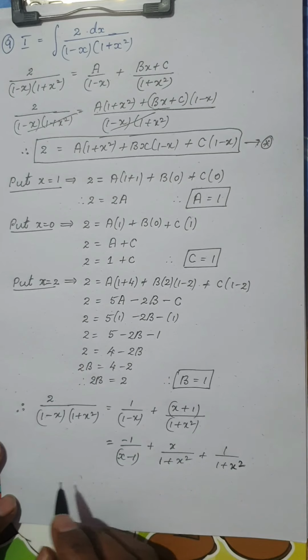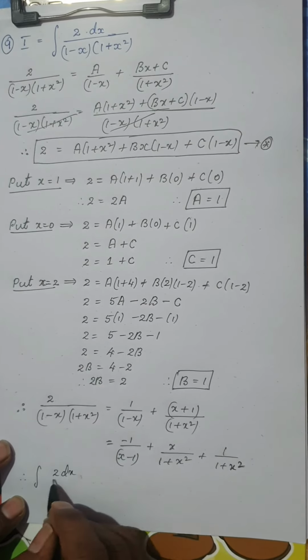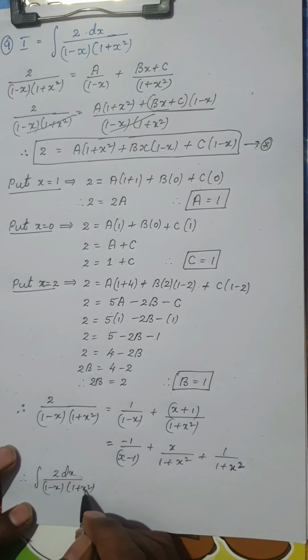Therefore now I'm going to apply the integral of 2 dx divided by (1 minus x) into (1 plus x square).